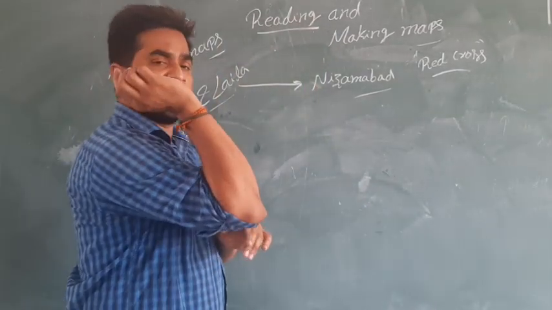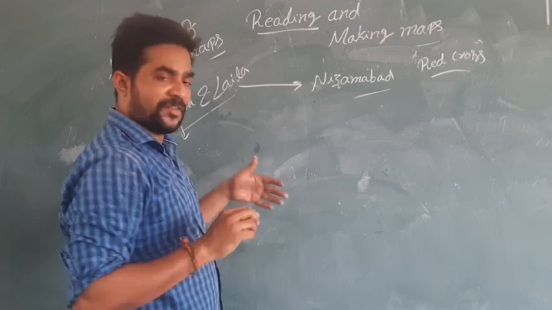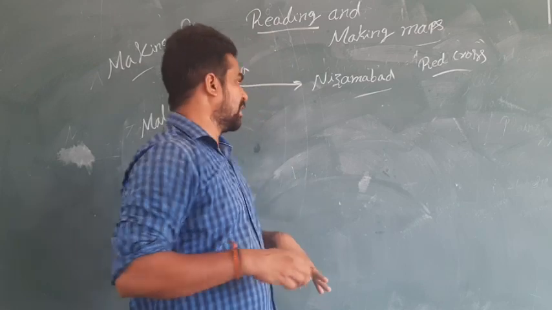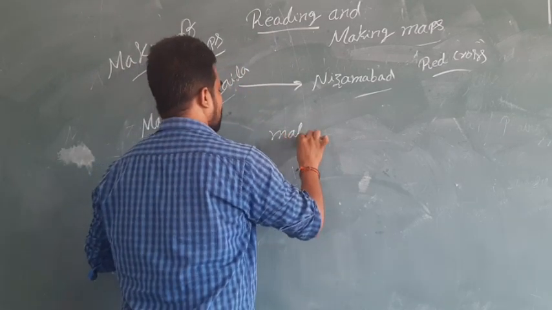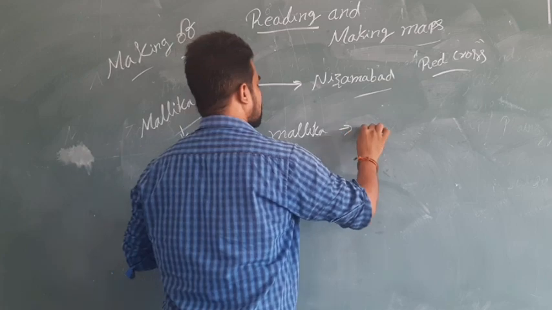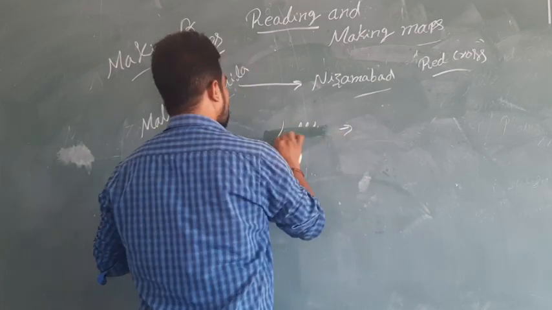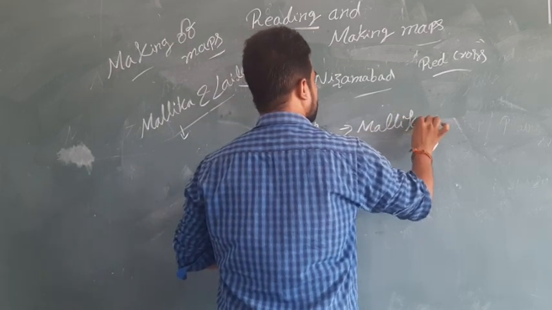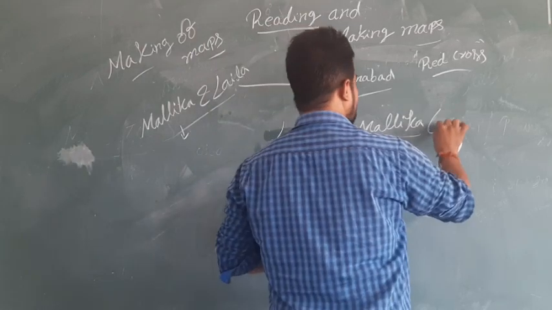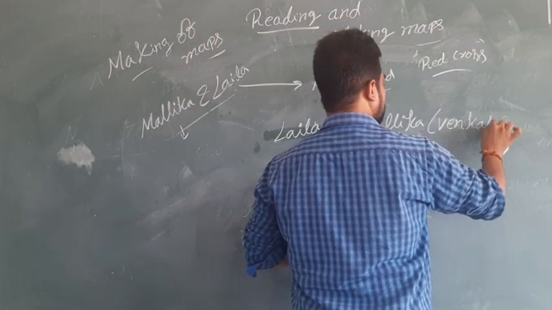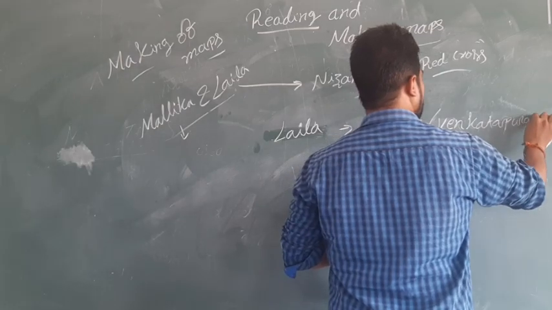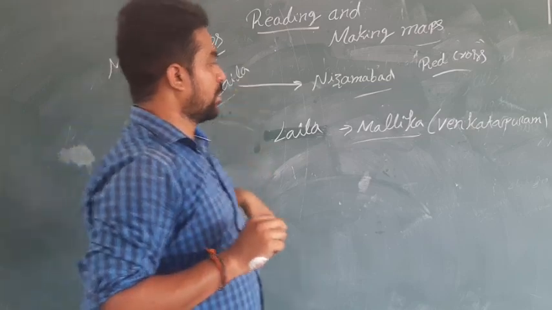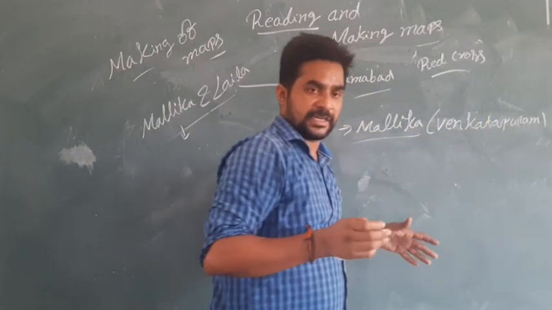After a few days of the service meeting, they went to their homes. Again, Laila wants to come to Mallika's home. Mallika's home is in the region of Venkatapuram, in a particular district.